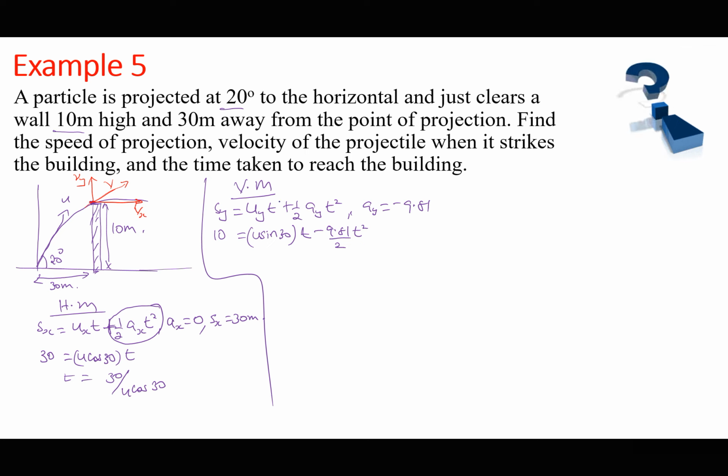So when I simplify this out, this one gives me u without even hesitation, because note that t is 30 divided by u cos of 20. Sorry, not cos 30, where did I get cos 30? This is cos of 20.